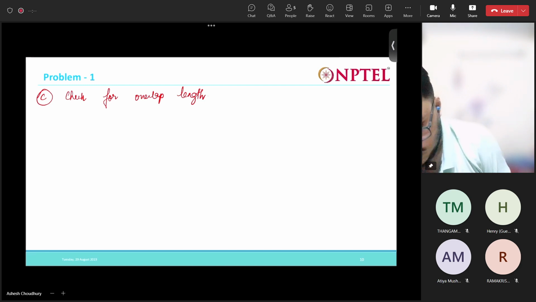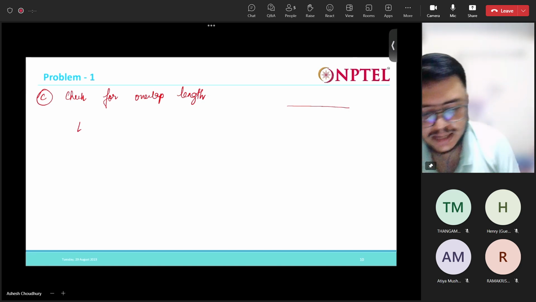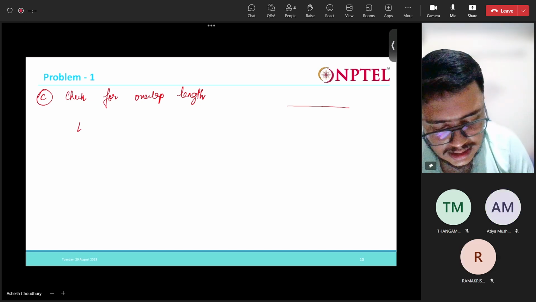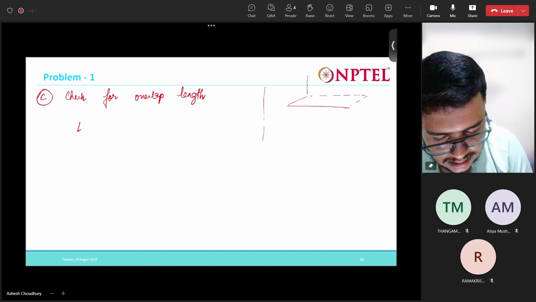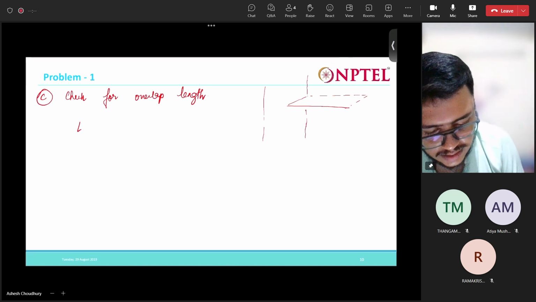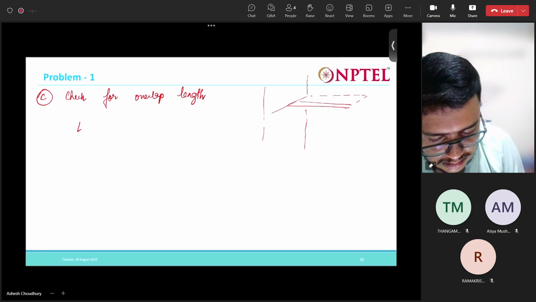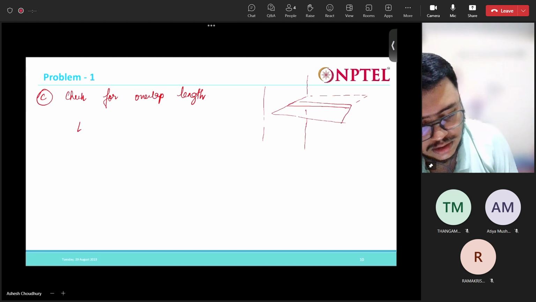Now see, these are actually overlapped side by side. How can I draw this, right? So say the wall is like this, and these are overlapped like this.